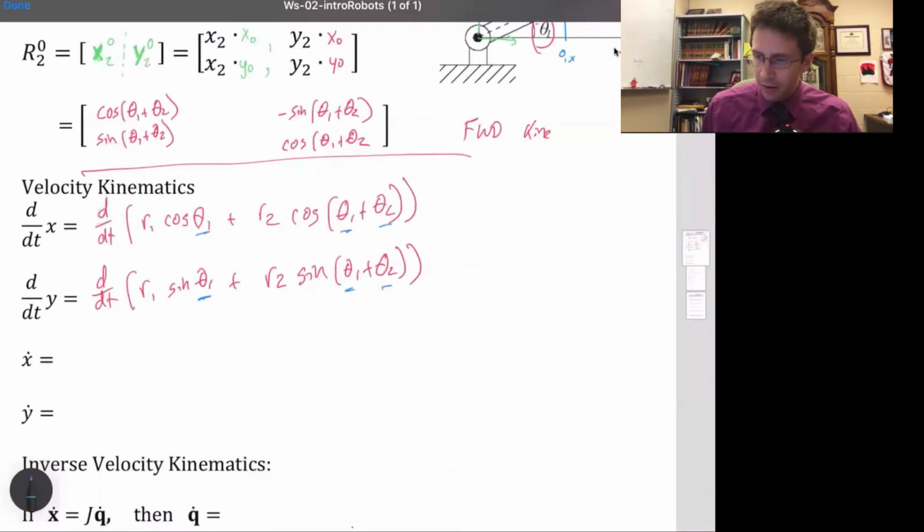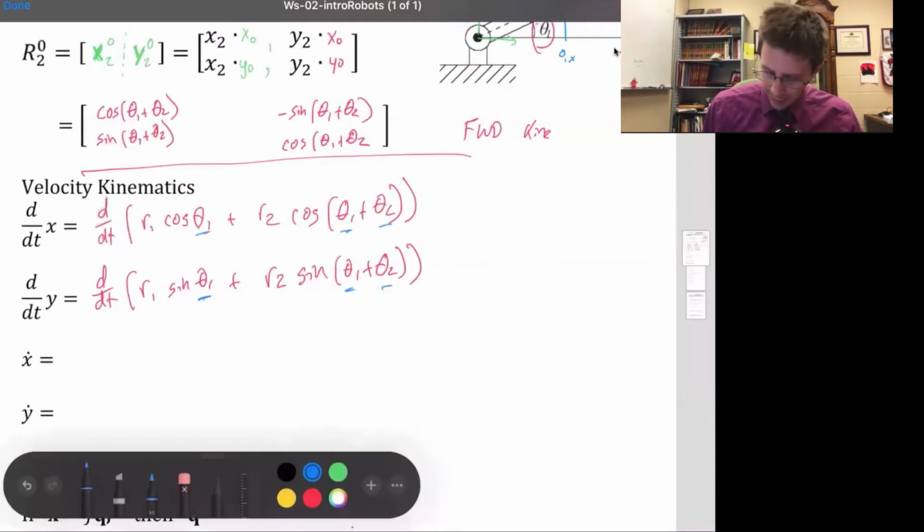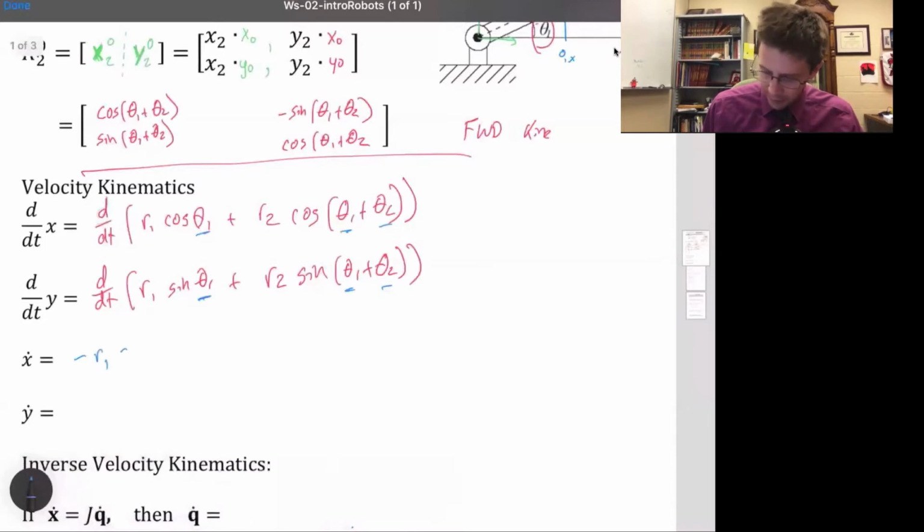If I work that out here, then that is just negative r1 sine of theta 1, times theta 1 dot, minus r2 sine of the sum of these two, theta 1 plus theta 2, times the quantity theta 1 dot plus theta 2 dot.